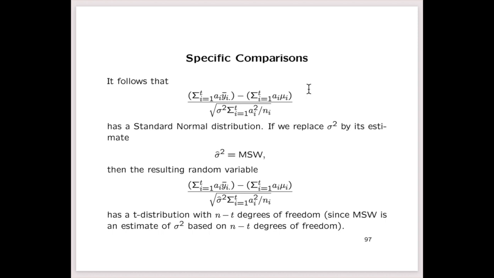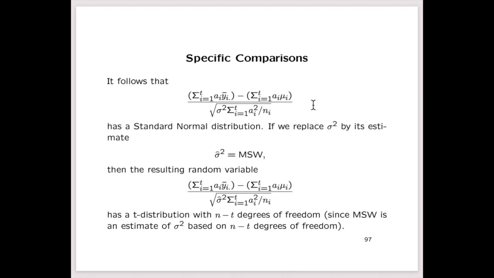Now, if we standardize the linear combination by subtracting off the mean of its sampling distribution and dividing by its standard error, which is the square root of the variance that we found on the previous slide, then that standardized version of the linear combination of the sample means has a standard normal distribution.